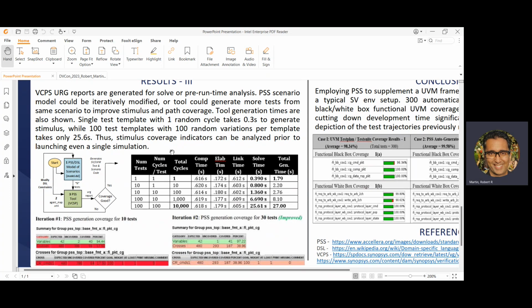In the sample experiment shown early in the test plan development, by increasing the number of tests generated by VCPS from 10 to 30, stimulus coverage was noticed to improve from 17% to 38%. By the end of our validation and experiment, we were obviously able to achieve 100% coverage, but this was just to showcase how an iterative analysis of the URG report can result in coverage improvement.